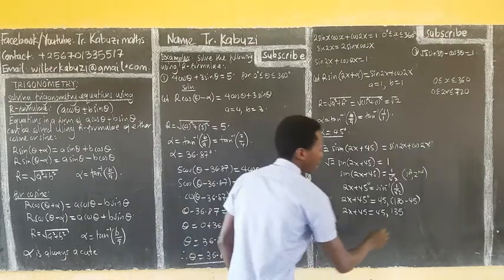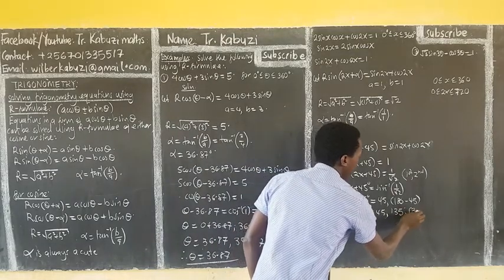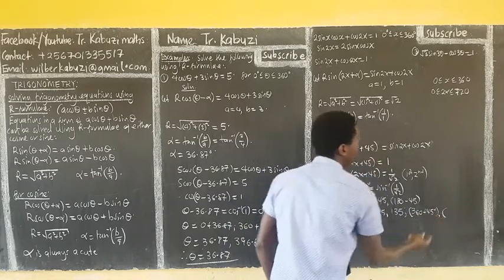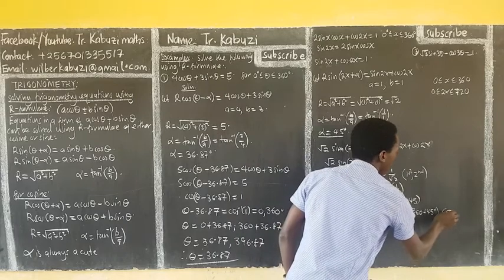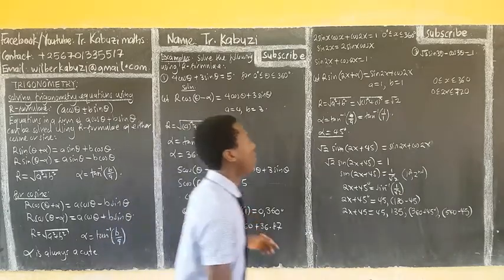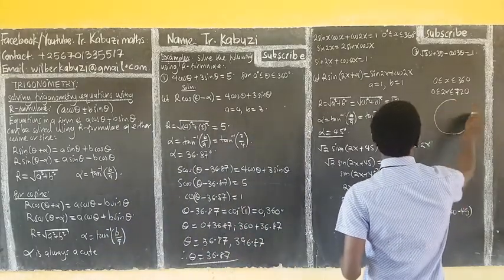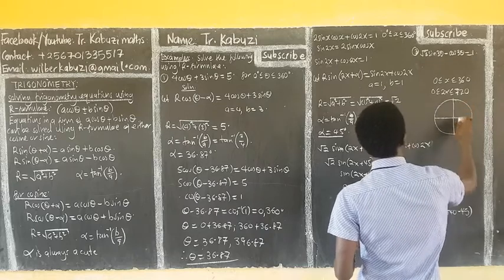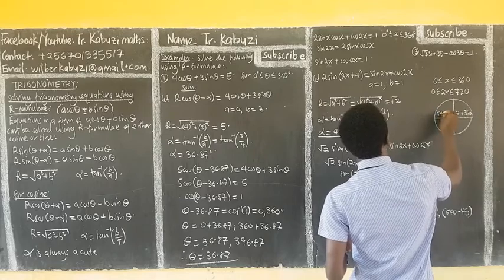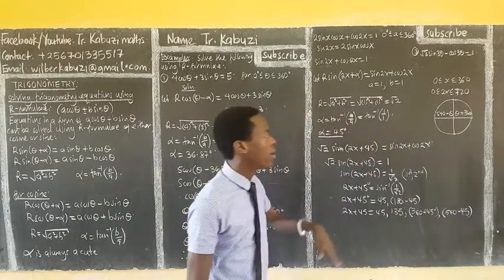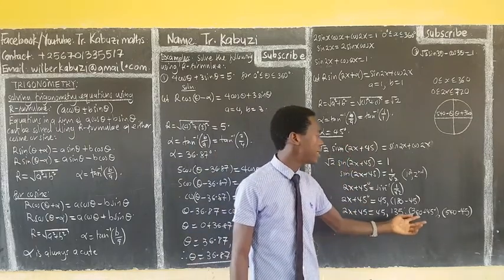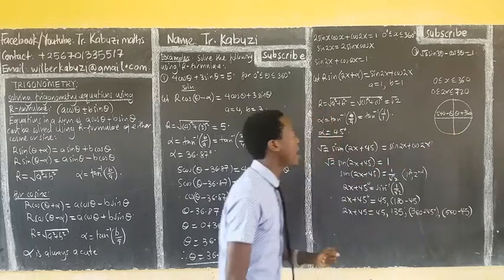For the second round I'll have 360 plus 45 degrees, and then for the third round, 540 minus 45 degrees. Why? Because on the second revolution, coming from 360, it is theta plus 360, and this will be 540 minus theta. That's how we get those angles.